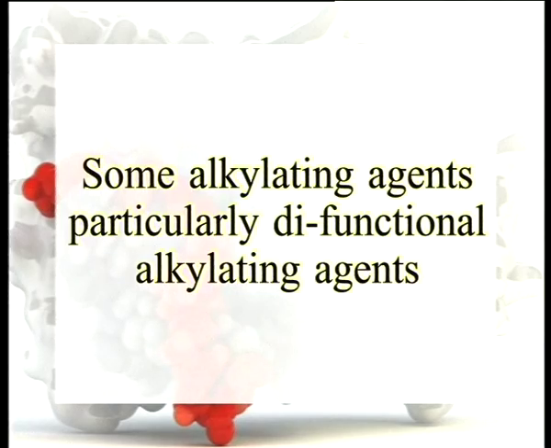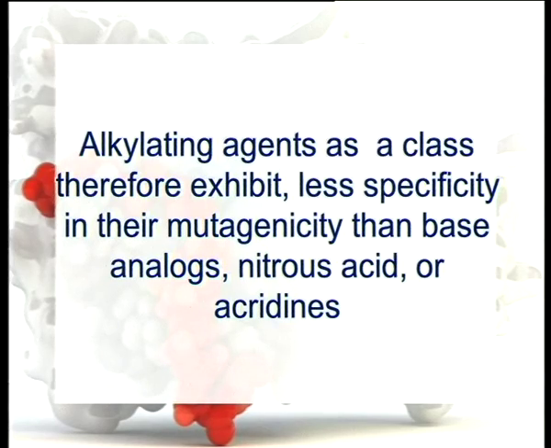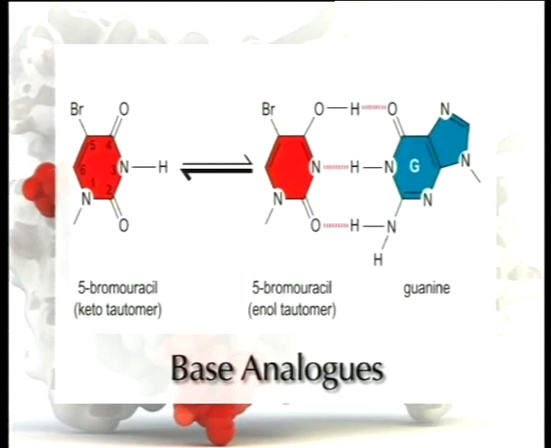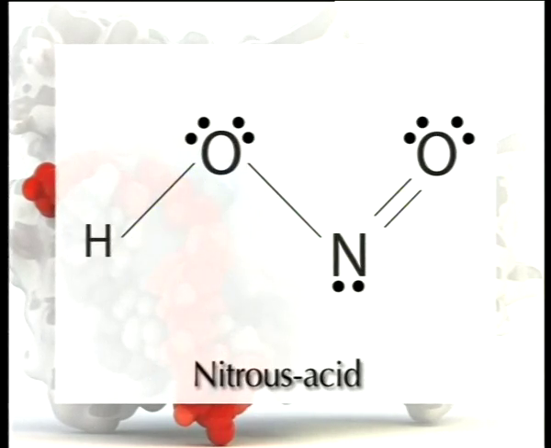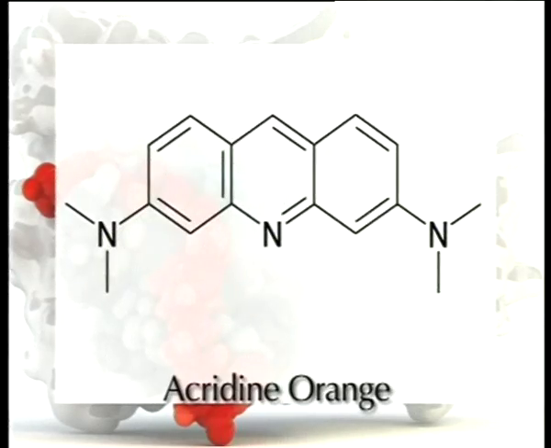Some alkylating agents, particularly difunctional alkylating agents, cross-link DNA strands or molecules and induce chromosome breaks. Alkylating agents as a class therefore exhibit less specificity in their mutagenicity than base analogues, nitrous acid and acridines.